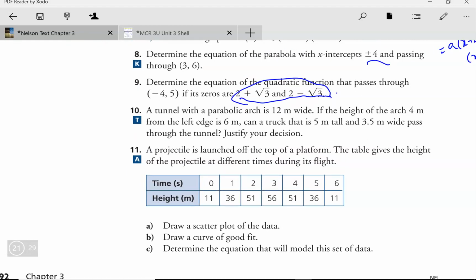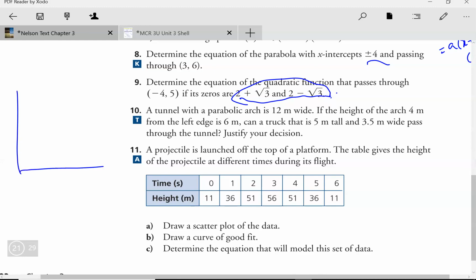So there's a parabolic arch 12 meters wide. The height of the arch 4 meters from the left edge is 6 meters. Ooh. So again, we'll just set up an axis.